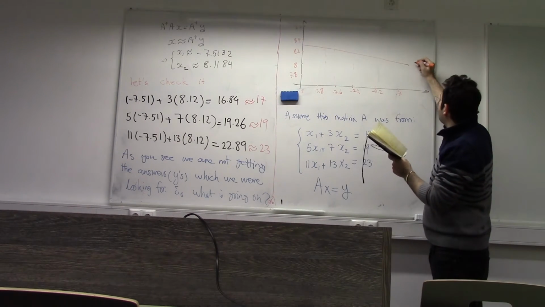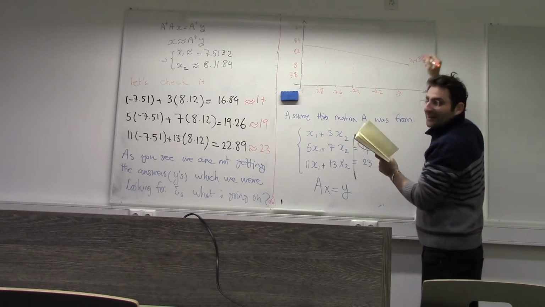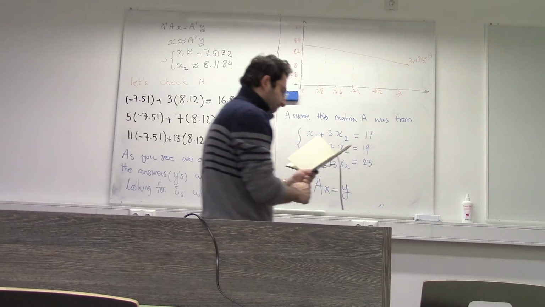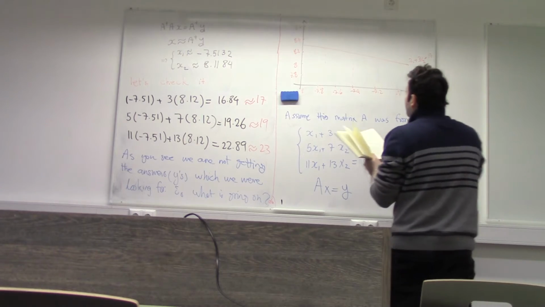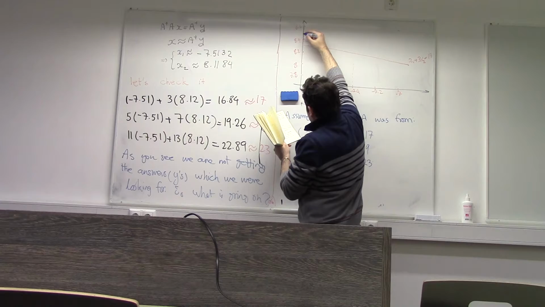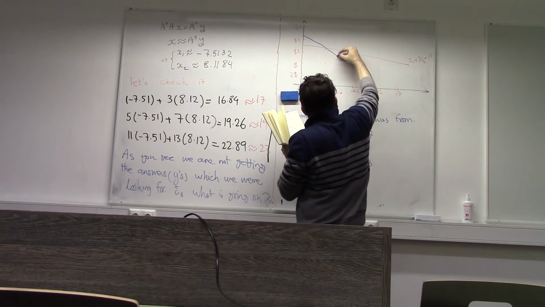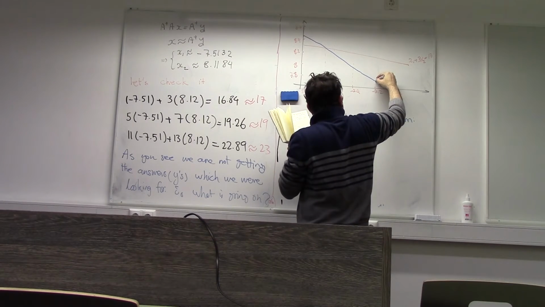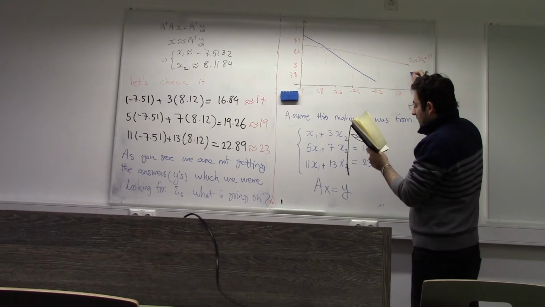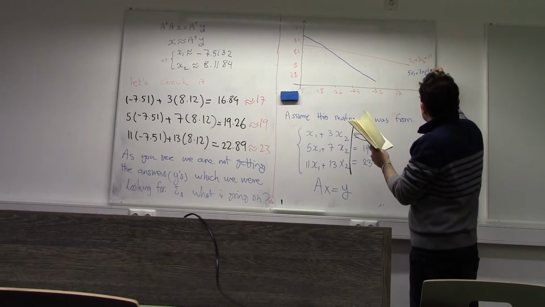This is the equation x1 plus 3x2 is equal to 17, roughly. A very bad line, but this one is equation 5x1 plus 7x2 is equal to 19.